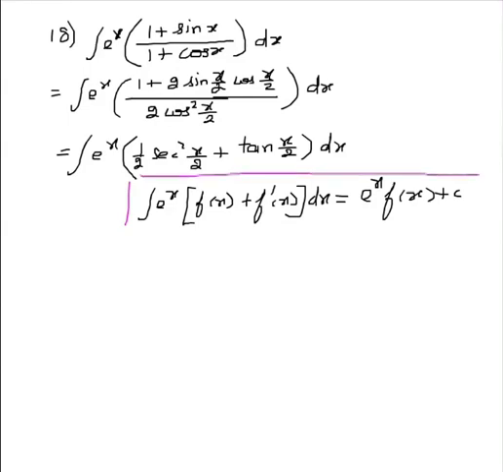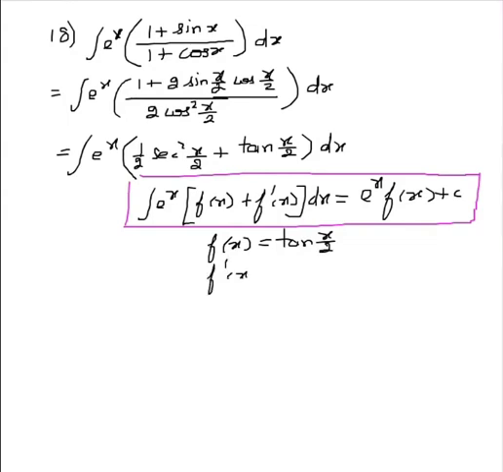Now let us see which one is f and which one is f dashed. F of x is tan x by 2, and f dashed of x is the differential of tan, which is secant square x by 2, into differential of x by 2, which is half. Chain rule.